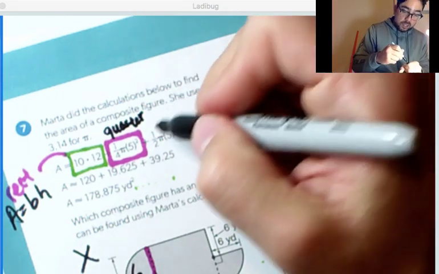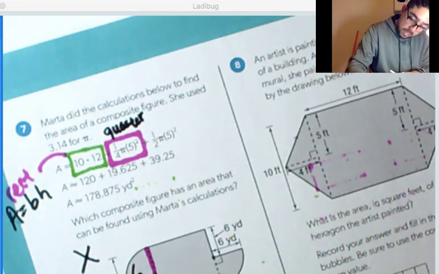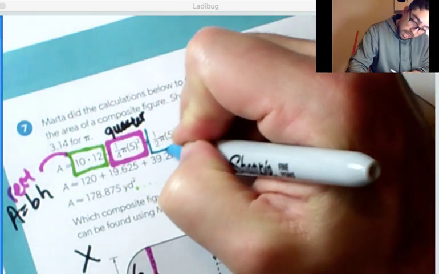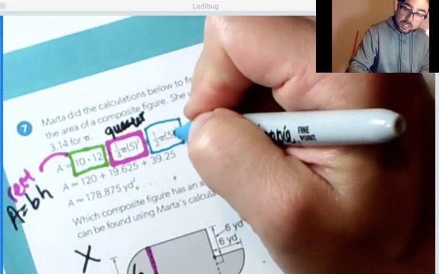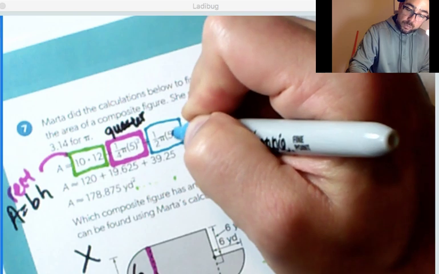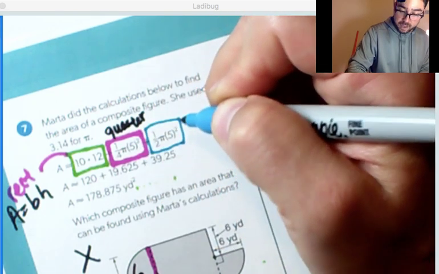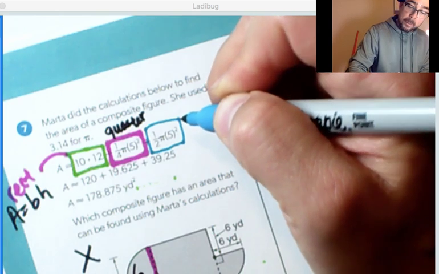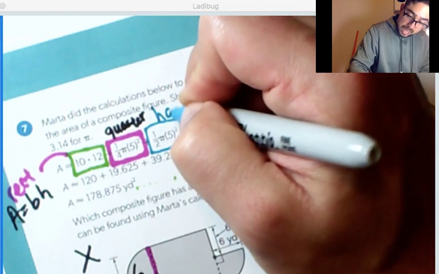And then the one next to it, they have pi r squared again. And we know that this radius, this r, is 5, which was the same as before, which means that both of these circles have a radius of 5, which is good because they do. But this is saying a half circle. So she has a quarter and a half.